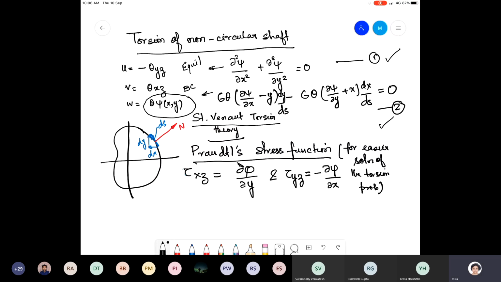Don't confuse this with phi, the angle of twist. I have seen students confuse between the two. Phi was the angle of twist. This is actually the Greek letter varphi, so varphi is the stress function that we are assuming.